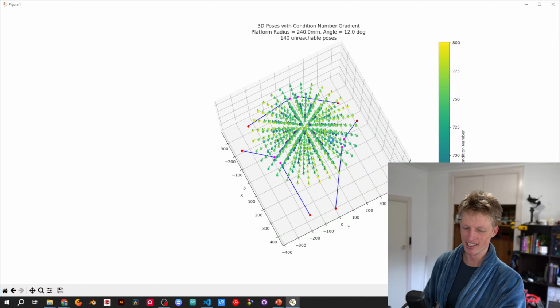Because what I was really trying to do was make this simulation and the results of this simulation as easy to use and as nice to use as possible. Because as far as I'm aware, this simulation doesn't exist on the internet.